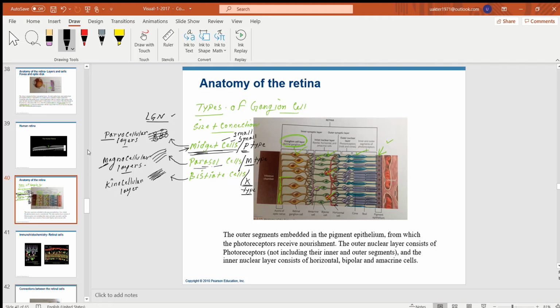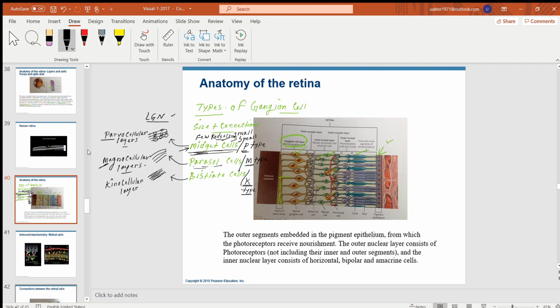Okay, and the midget type ganglion cells receive signal from only few photoreceptors, rods and cones. Not many. Okay, so from few photoreceptors.